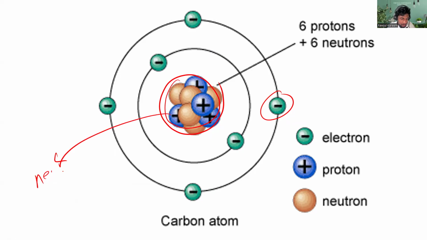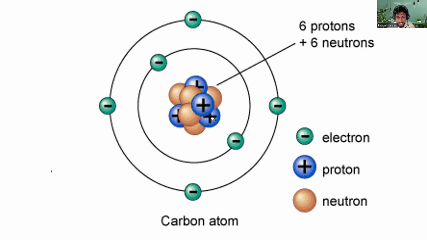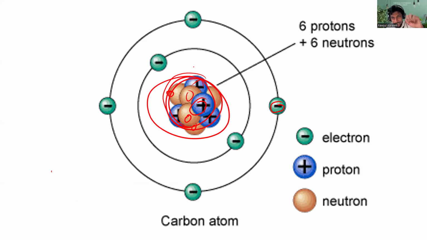Protons are positively charged, while neutrons have no charge. So proton is positively charged, electron negatively charged, and neutrons are neutral. The central area where the protons and neutrons are present is called the nucleus. Together, the area is called the nucleus.